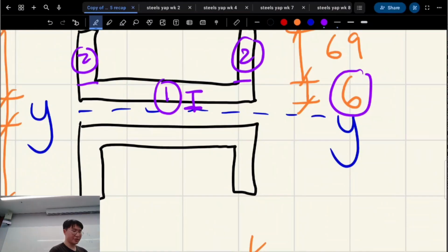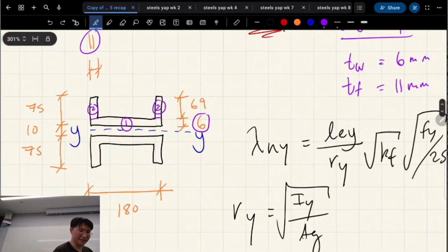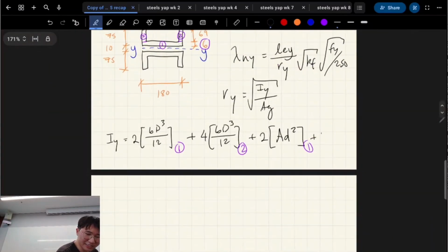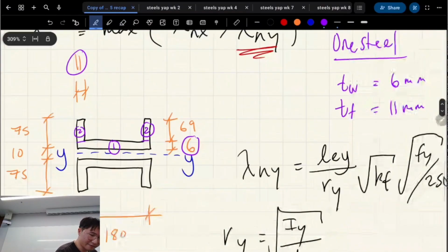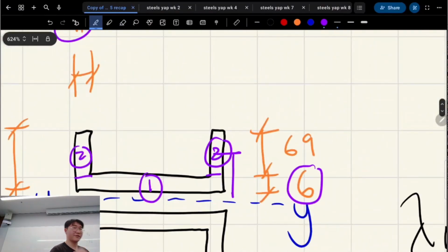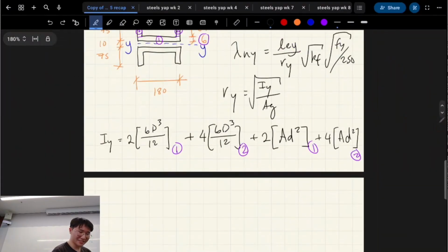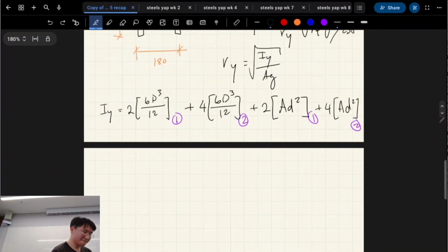We shifted up that much, which I've called D. And then 4 lots of shifting for shape 2. We have to shift this from the centroid 4 times, right? Okay, are we all kind of following? Yes, no? Maybe we've lost some?